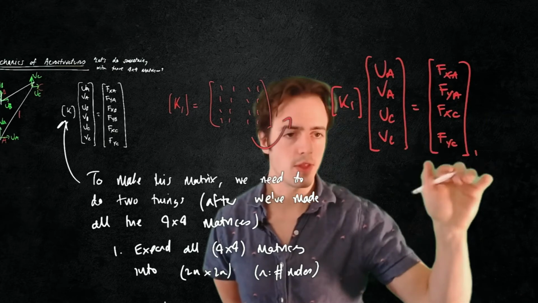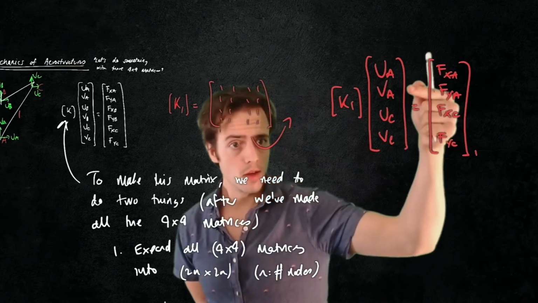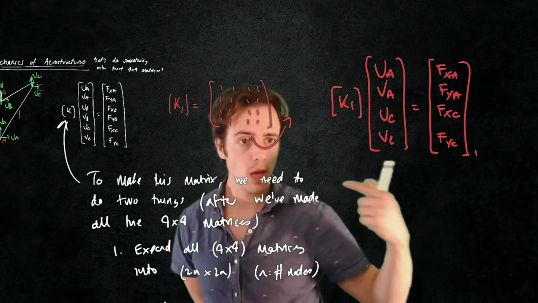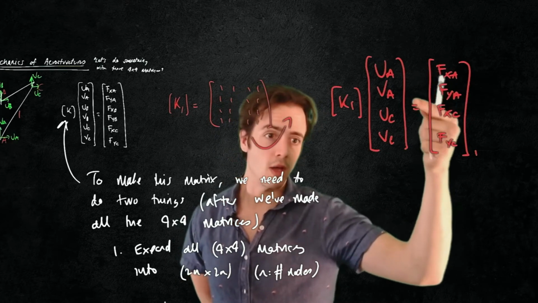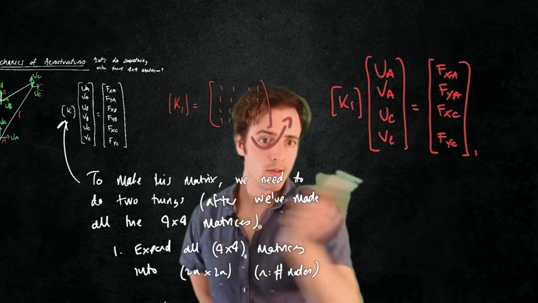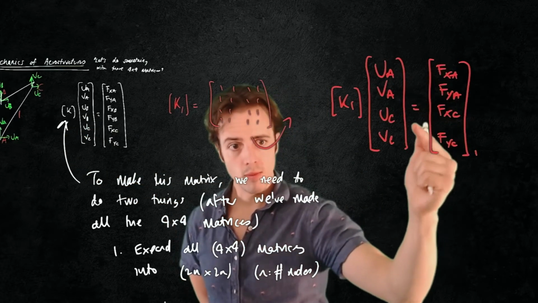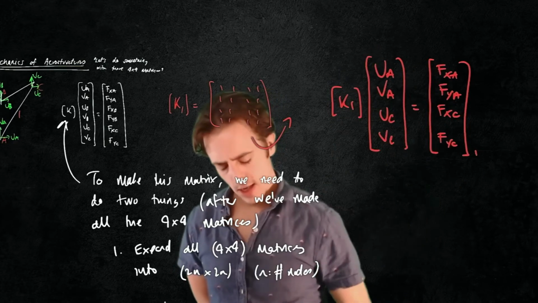I'm only drawing this to demonstrate what this matrix does. So we've got node A and node C. I've skipped a little step there because we previously had these written down as U1, V1, U2 and V2. For element 1, node 1 is node A. For element 1, node 2 is node C. So that's what this relates.